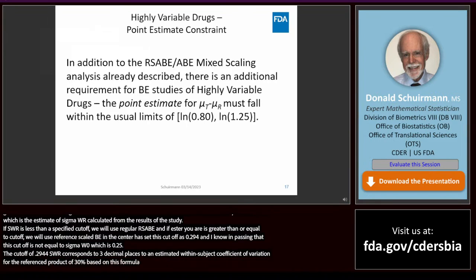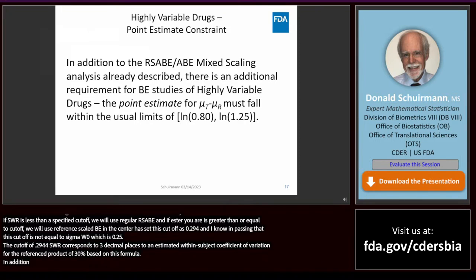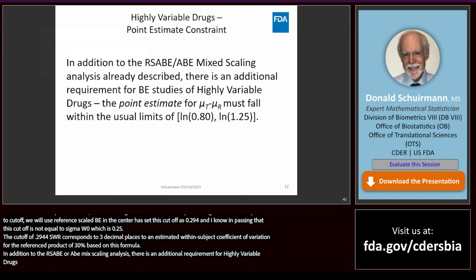In addition to the reference-scaled average bioequivalence (mixed scaling) analysis that we've already described, there is an additional requirement for bioequivalence studies of highly variable drugs: the point estimate of μt minus μr, calculated from the results of the study, must fall within the usual limits of log 0.8 to log 1.25.